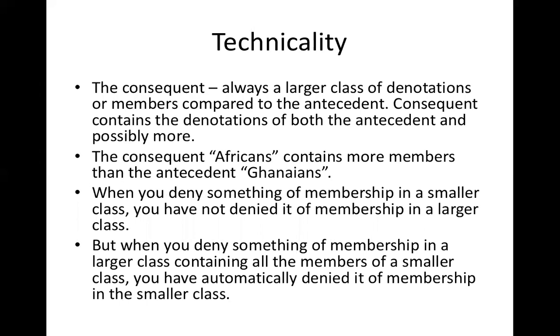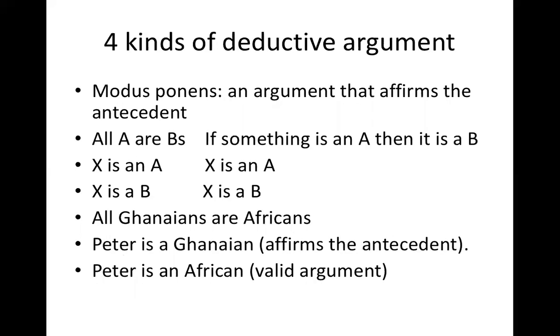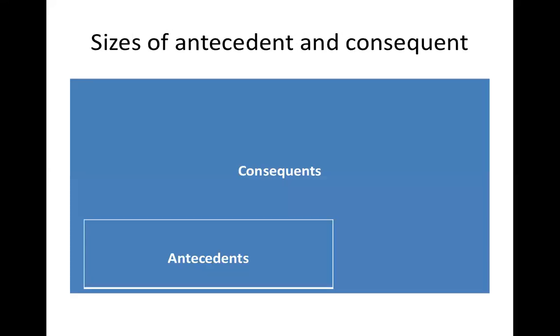When you deny something of membership in a smaller class, you have not denied it of membership in a larger class. But when you deny something of membership in a larger class, containing all the members of a smaller class, you have automatically denied it of membership in the smaller class. So let's go back. Now this is Africans and this is Ghanaians.